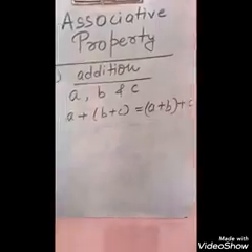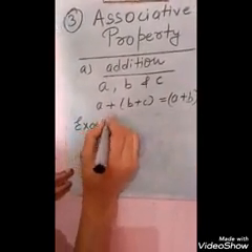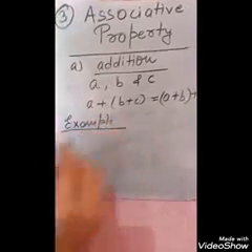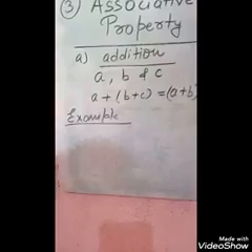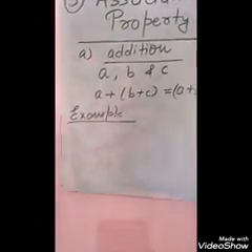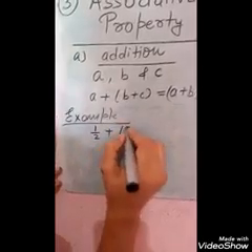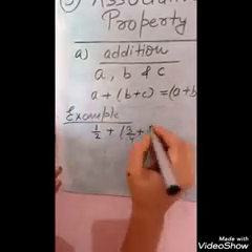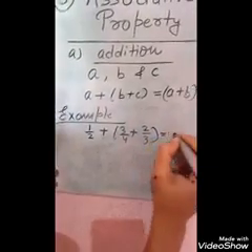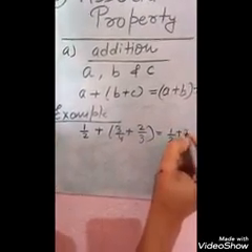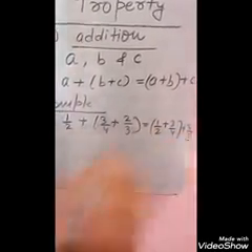Now again we will take an example, and student, you can do it on your own also. You can take examples, put them into this formula and get the conclusion. I will give you one example. Take 1 by 2 plus 3 by 4 plus 2 by 3, and on the other side also 1 by 2 plus 3 by 4 plus 2 by 3, grouped differently.